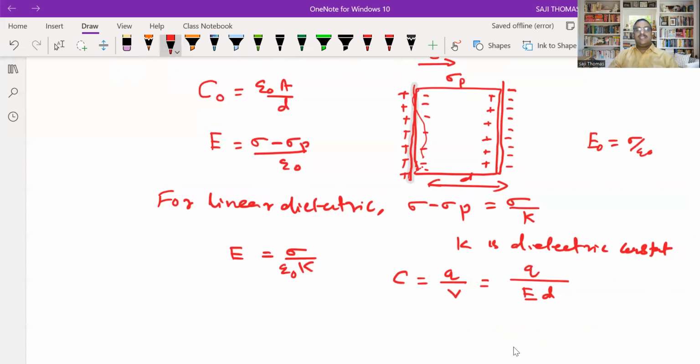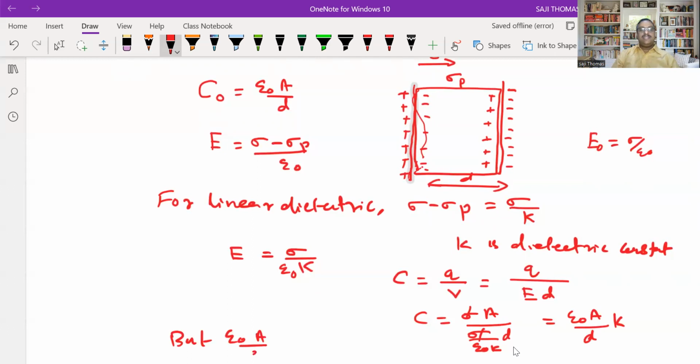So we can write C is equal to Q by V. C is equal to sigma A divided by, what was E? Sigma by epsilon 0 K into D. Sigma cancels, so you get epsilon 0 A by D into K. But epsilon 0 A by D was the capacitance without dielectric.